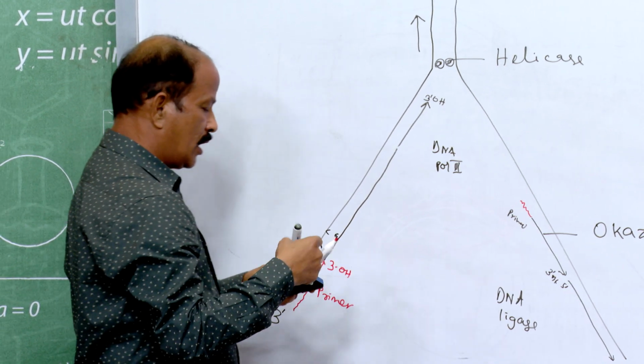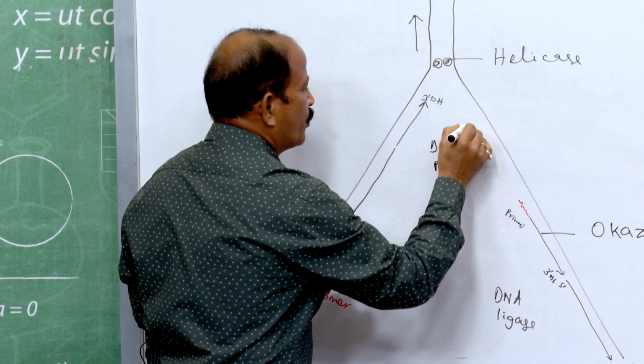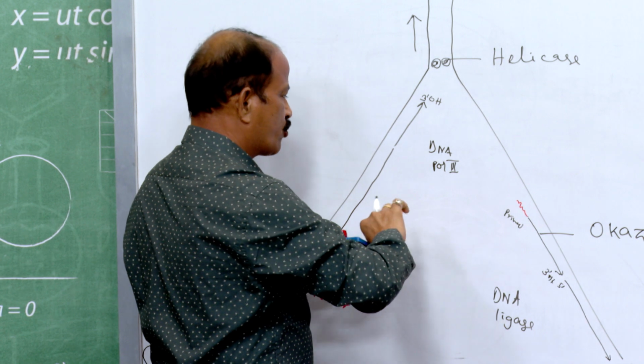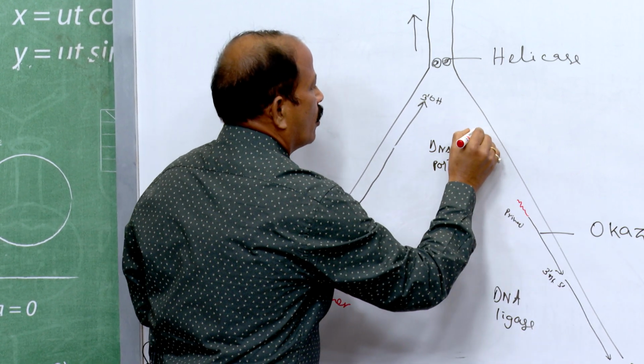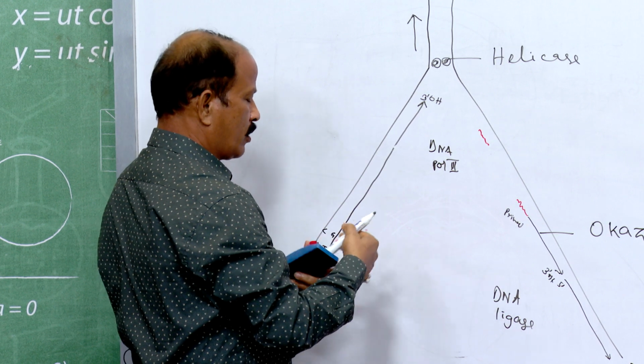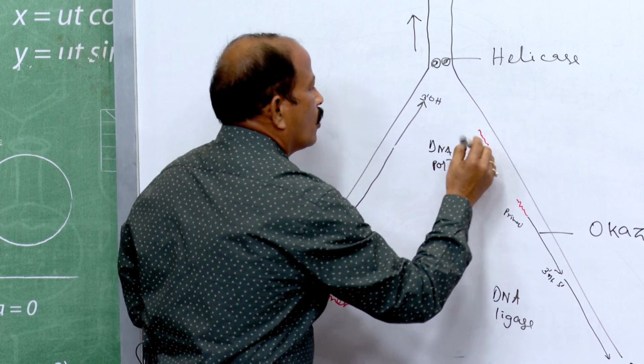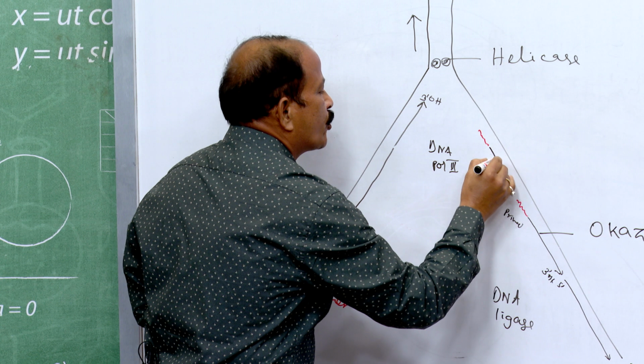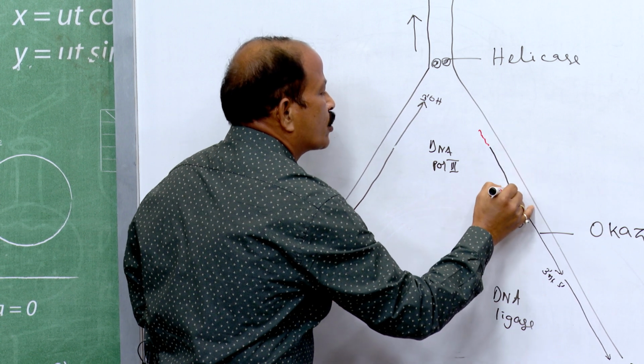Let us come to this point, it will be very clear from this diagram. Here this is the primer, and from that primer DNA polymerase 3 elongates up to this direction.